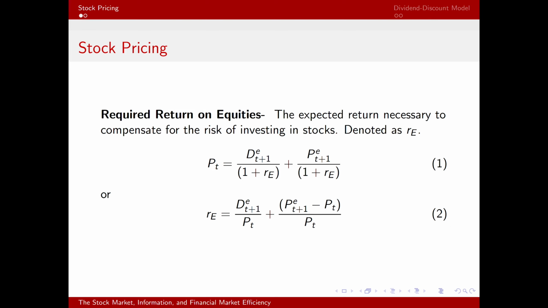on a price. And then if we look at this notation in front of us, we can see a couple things. First, P sub t is the price at time t. Dividend sub t plus 1 to the e is the dividend in the next time period. So I'll write that for you guys.